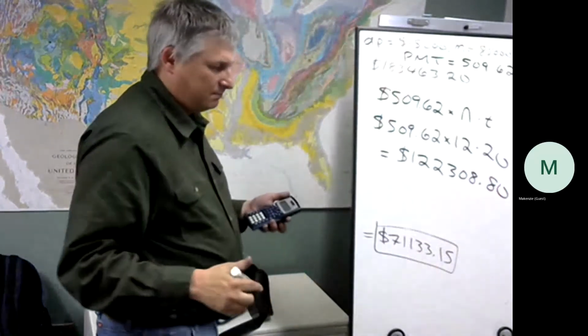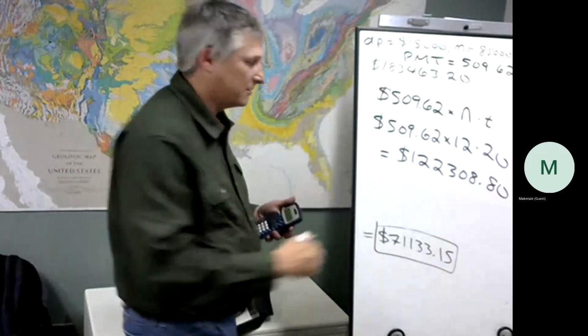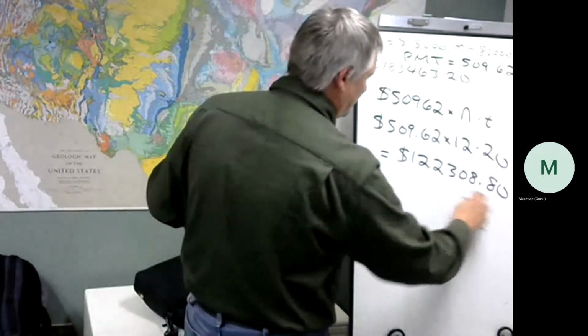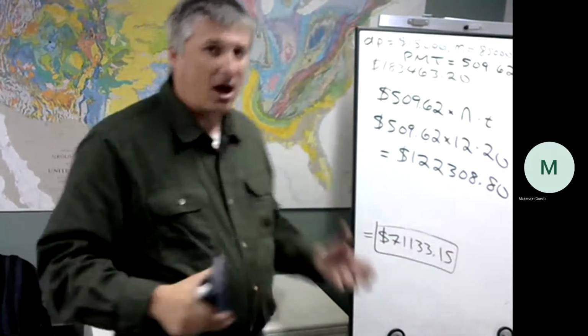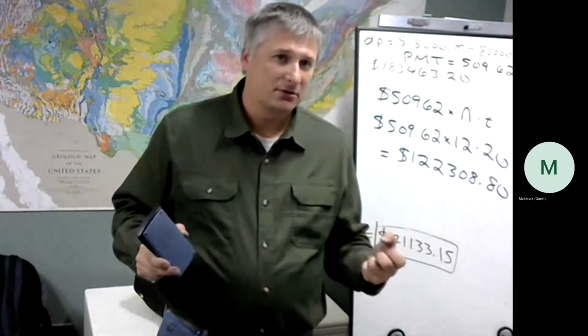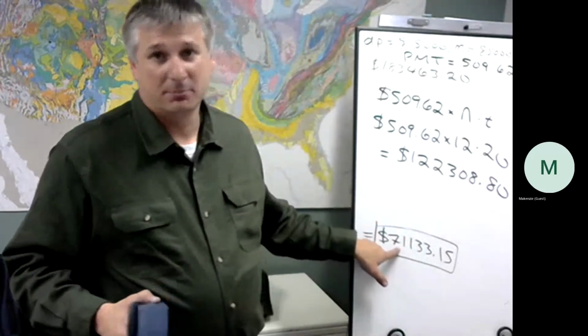So if we don't pay off this loan at 10 years, over the next 20 years after that, we still have to pay $122,000. But if we pay it off at 10 years completely, the payoff amount's only $71,000 approximately.